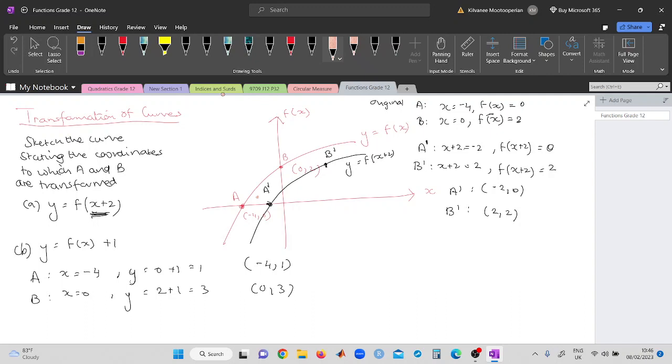C'est 0, 2 à 0, 3, un petit peu plus haut. Donc, it will be an increase function. Donc, il est pour faire une autre forme. Minus 4, 1, un petit peu par ici, 0, 3 là. Ok, this is incorrect.